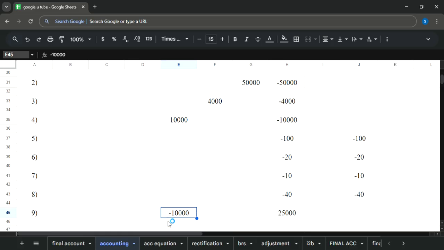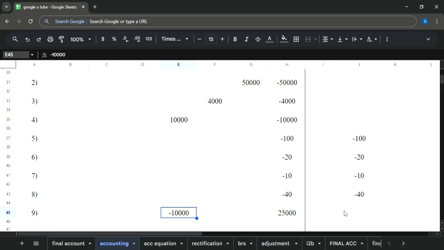But here, please note it down, the commodities cost was 10,000 and you have sold these commodities for 25,000. What does that mean? You have got a profit of 15,000. To whom will you give this profit? Again, when all expenses are borne by the capital account, that means the owner's account, this profit would also be gained by the owner of the business or capital account.